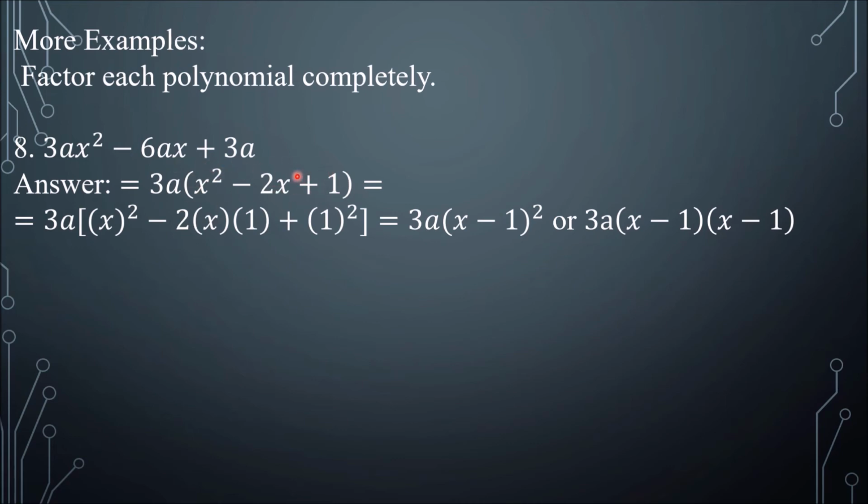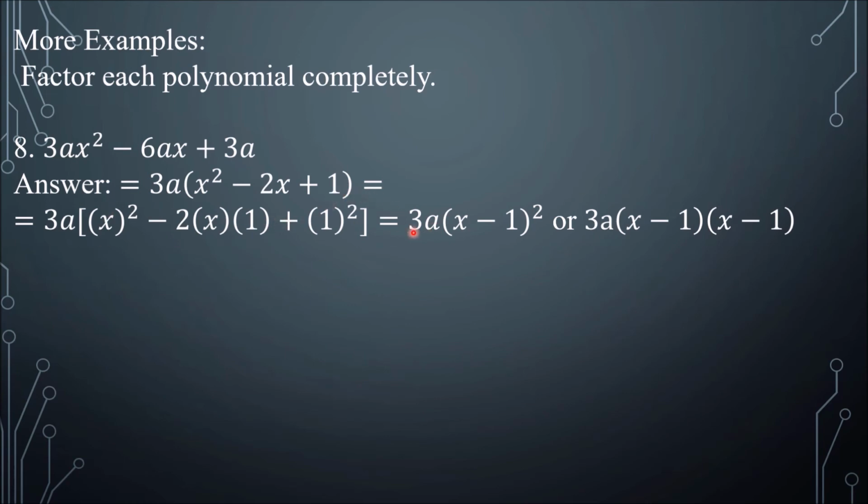Factoring this perfect square trinomial, we have x squared, that's x squared, minus, because this is minus 2 times x. So x came from this first term. Now 2x, in order to get 2x, we need to multiply this by 1. Now this 1 will be used in our last term, 1 squared, in order to get 1.